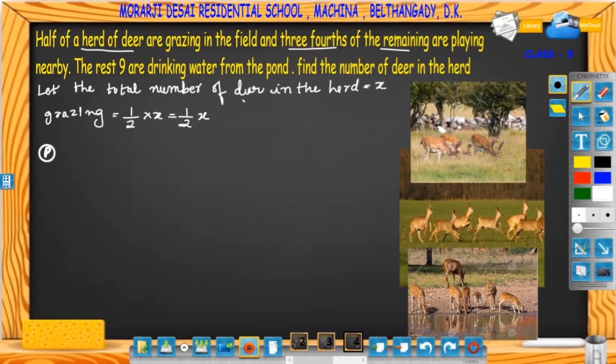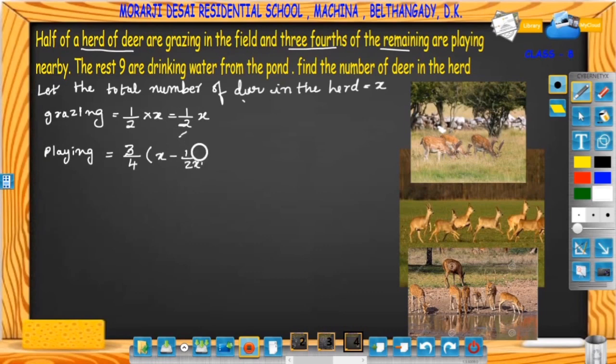How much is remaining now? Half of x are grazing. So remaining is half x. In x, half x are grazing, so remaining deer are x minus half x. We had total number of deer x. In that, half x is grazing.